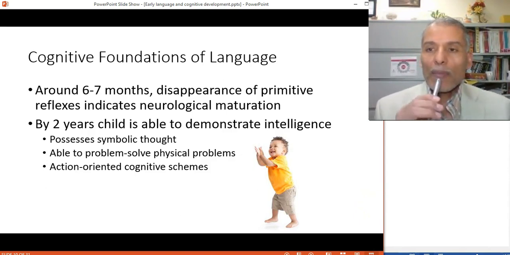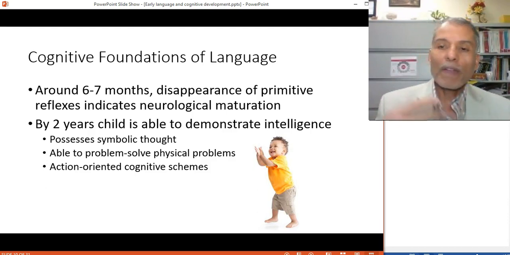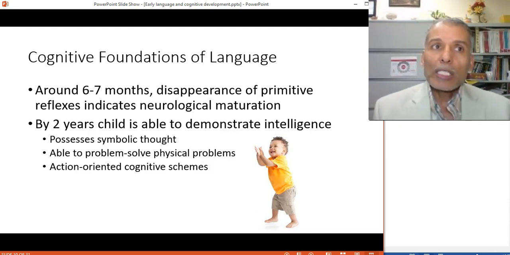If you put something in the baby's mouth, like say your finger, they are going to bite on it. That's the biting reflex. All of these reflexes are involuntary until age 6 months or so, and many of these reflexes begin to diminish and to disappear after around 6 to 7 months.